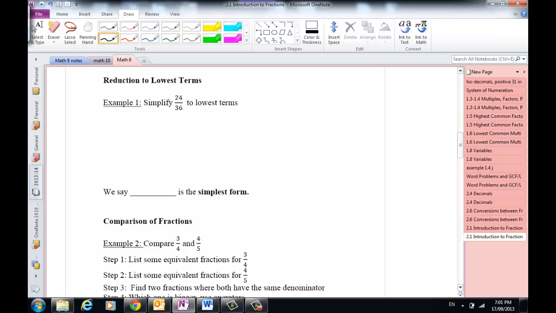Alright, well, let's simplify something that's a little bit more challenging. So the fraction here is 24 divided by 36. So we want to simplify it to lowest terms. Okay, so I start off with 24 over 36. And we're going to use our divisibility rules. Okay, so we looked at that last unit.